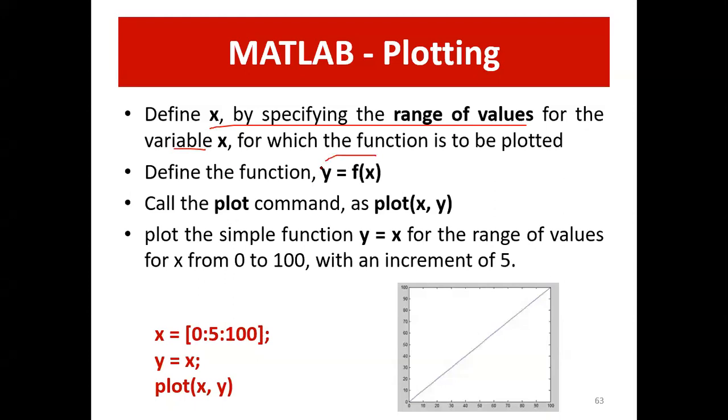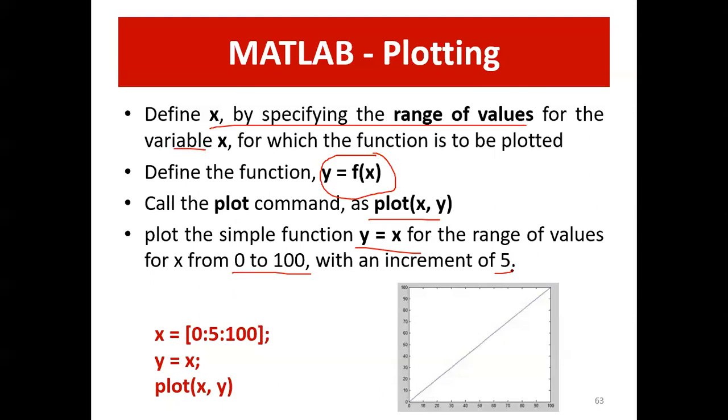The function is y equals f of x. Then we can use the plot command, plot x comma y. The simple function is y equals x, with range values from 0 to 100, incremented by 5.